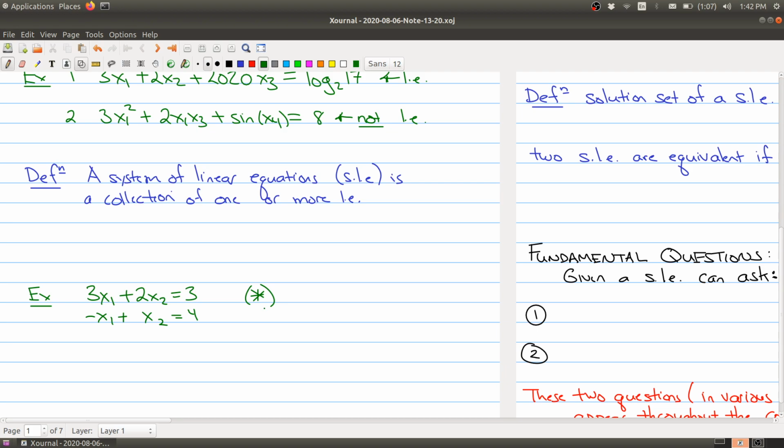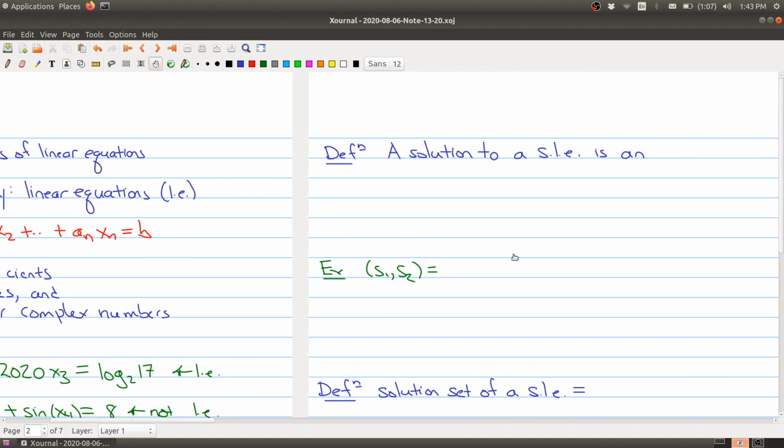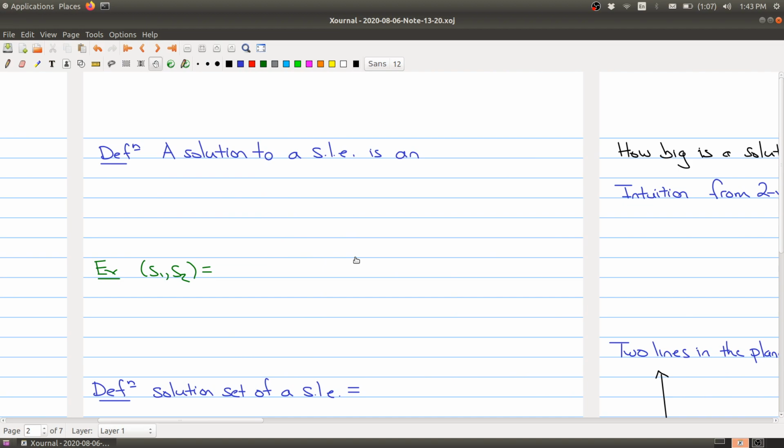So this is a system of linear equations, and what we're interested in is finding solutions to a system of linear equations. So what do we mean by a solution to a system of linear equations? Well, it's an n-tuple. So what is an n-tuple? Well, that's just a collection of numbers, s1, s2, up to sn.